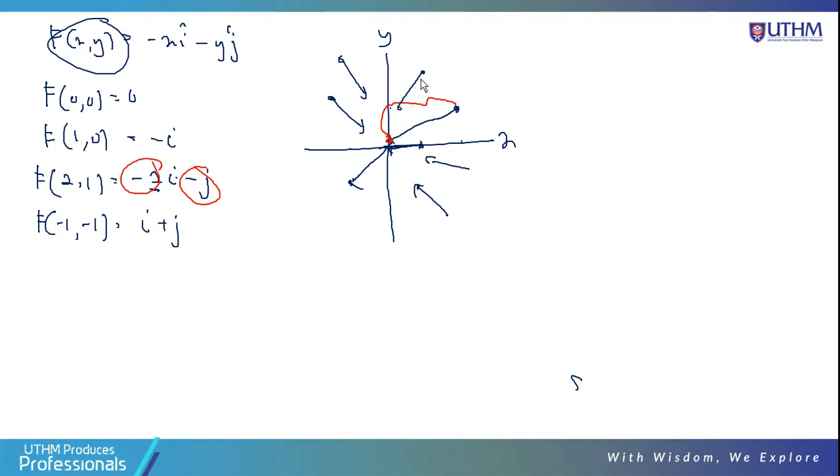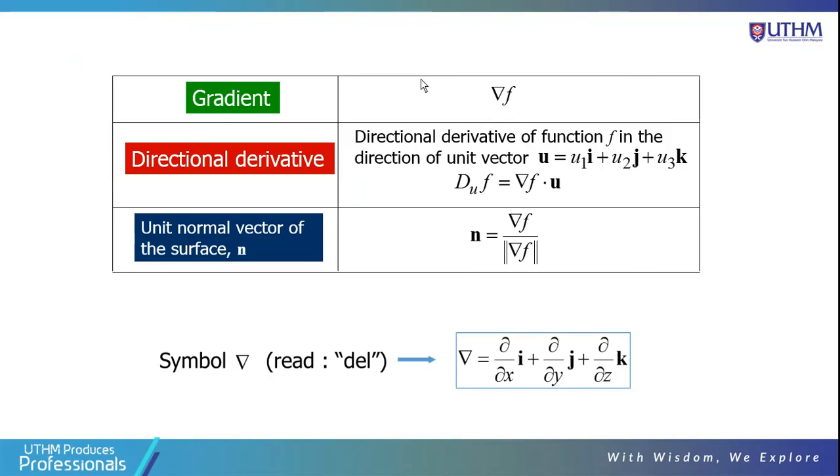Now we proceed to the operators. In the vector field, you need to understand the formulas here. Delta f, where delta means partial derivatives for each component in the function, we call the gradient.